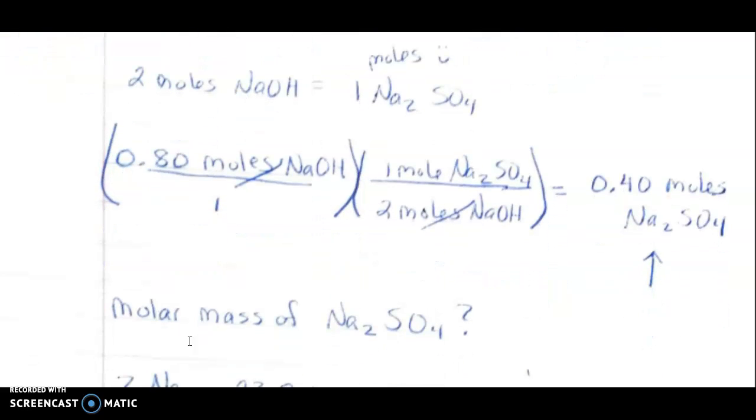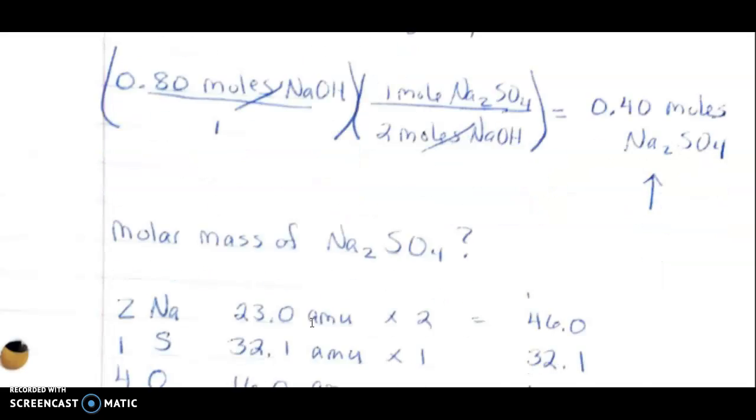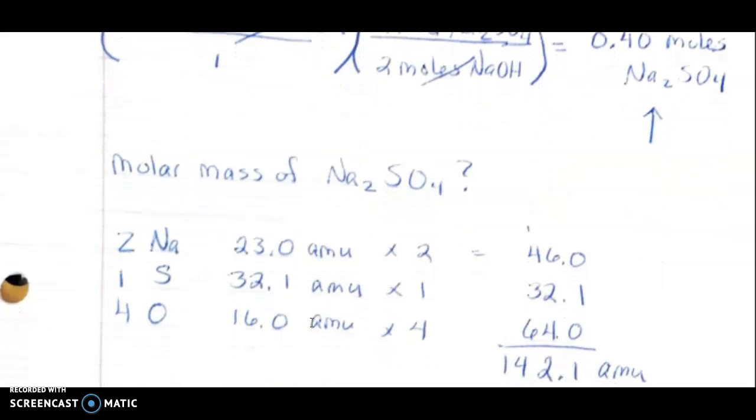So we need to know how to relate moles of sodium sulfate to mass. And the way we do that, remember, is to determine what the molar mass of sodium sulfate is. So to do that, we go back to the periodic chart, and find the molecular mass for sodium sulfate. We need the mass of each of the atoms of each of the elements present in sodium sulfate. And we have 2 atoms of sodium, 1 atom of sulfur, and 4 atoms of oxygen.